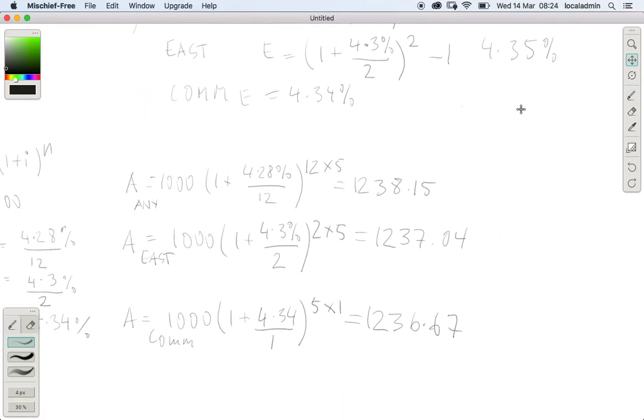And now we proved our answer by providing a hypothetical example of investing $1,000. So we still get the most amount using Any Bank by what? $1, not even $1 difference. Oh yeah, the dollar, that's more than $1, but here is less than $1 there. And that's all there is. That is the answer to 4.